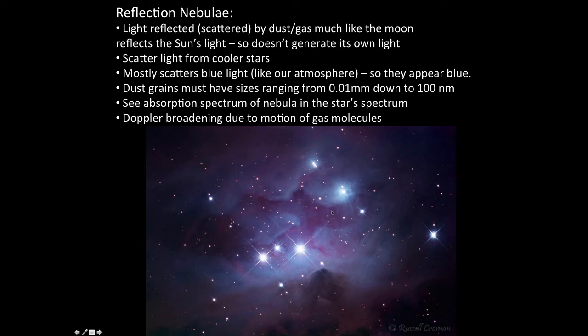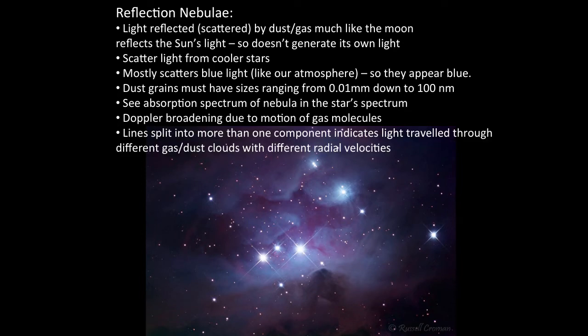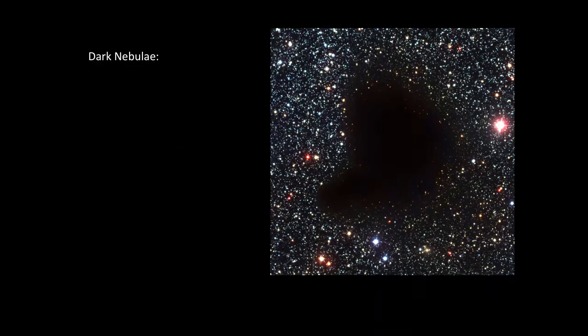And that tells you something about the speed of the gas molecules in the cloud, which tells you the temperature. We can even tell whether the light has traveled through more than one different gas or dust cloud. That will tend to Doppler shift the light to different extents because different gas clouds will overall be moving with different velocities. Okay, the third type of nebulae are dark nebulae.